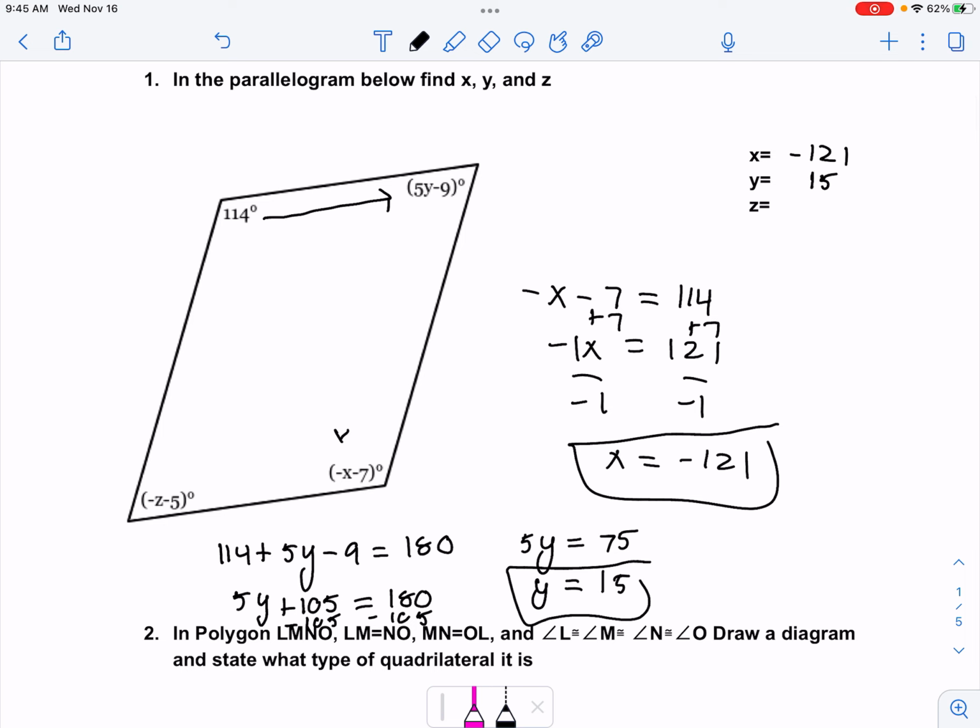And then z. Well, z, once again with that angle, it's consecutive. It's not across, so it's not an opposite angle. It's right next to it. So once again, they're supplementary when they're right next to each other. So you would say 114 plus negative z minus 5 equals 180. 114 minus 5, well, that's 109.